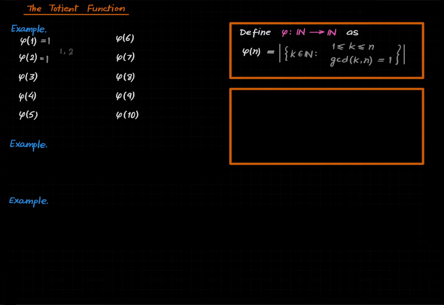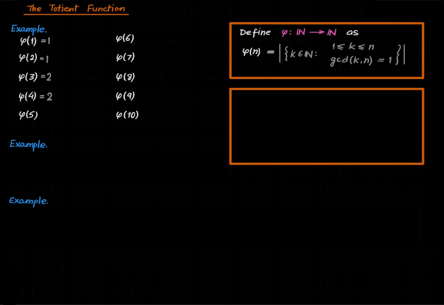They are these. And the last one is certainly not relatively prime to 2. So there is only one thing in the set whose size we needed to record. Okay, similarly, phi of 3 is 2 because any natural number smaller than 3 is relatively prime to 3. So that's 2, and this is also 2.